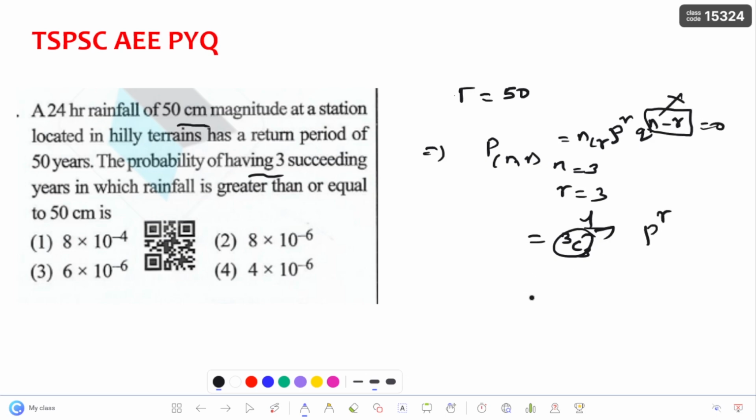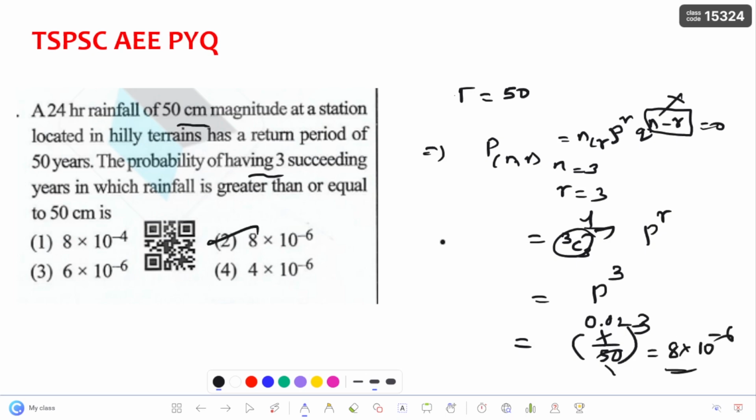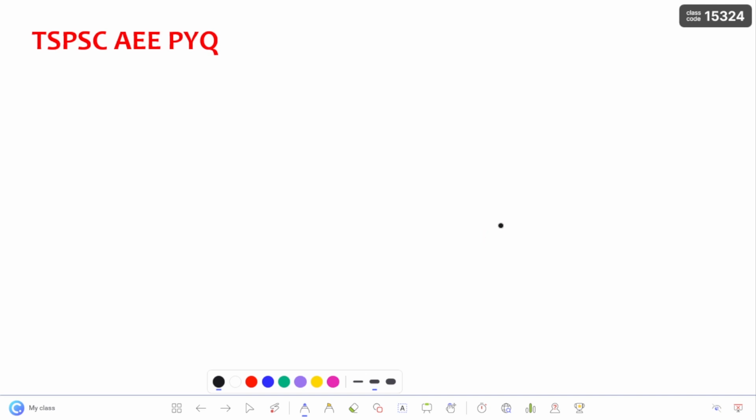Only P power r will be there, that is P power 3, which means 1 by 50 whole power 3. 1 by 50 gives 0.02. 2 cube is 8. So 8 into 10 to the power minus 2 whole power 3 will become 10 to the power minus 6. 8 into 10 to the power minus 6 is the answer.